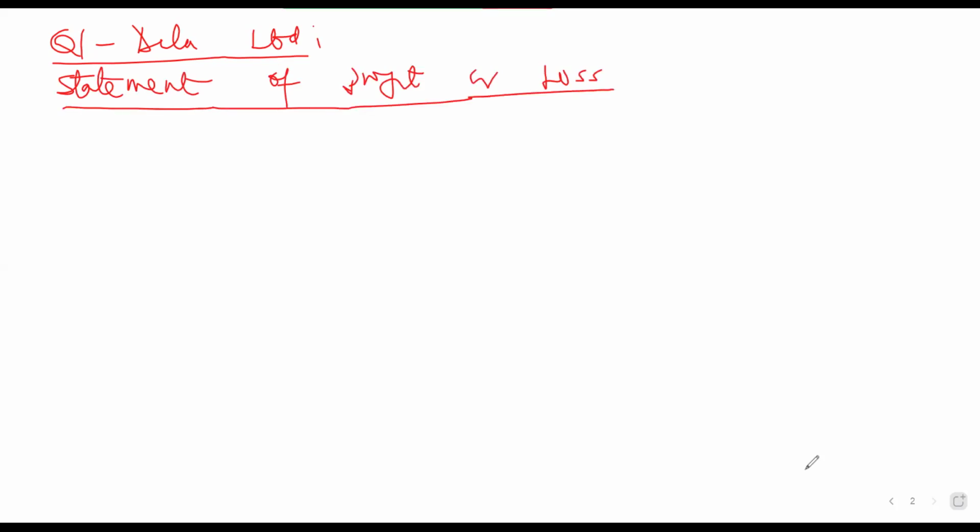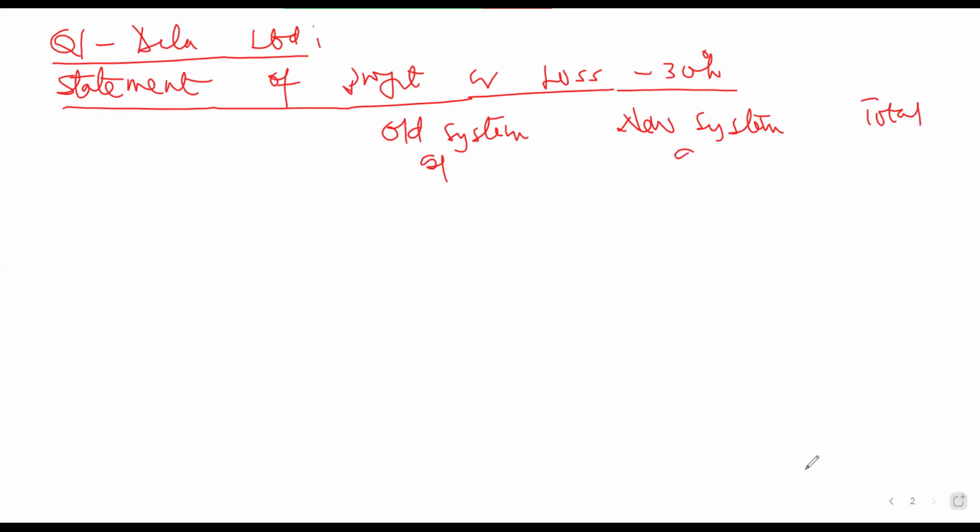That will be the first project. 30% will be passing through the new system. So for decision-making purposes, let's have the old system here, and let's have the new system here. Then let's have the total. For decision-making processes, that will be better for us.